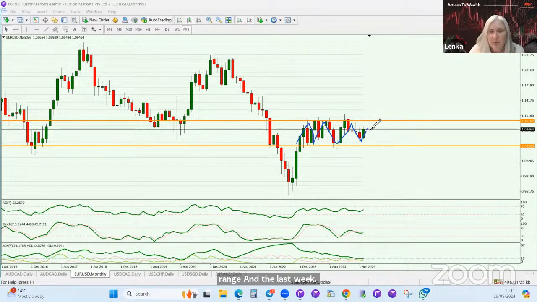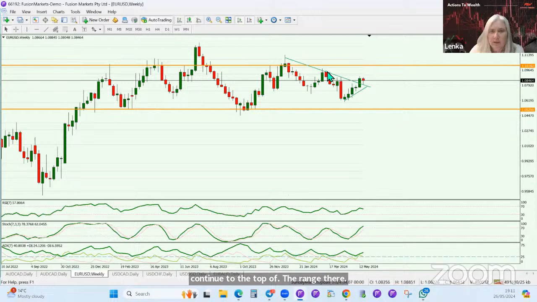So I'm looking for that price to continue to the top of the range there. On the weekly chart, if we have a look, it's basically just broken the previous trend line, and we had a little bit of a pullback and retest of that on the weekly.